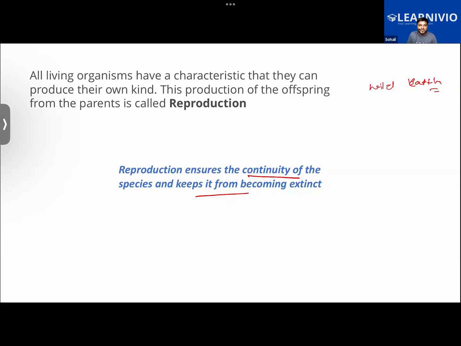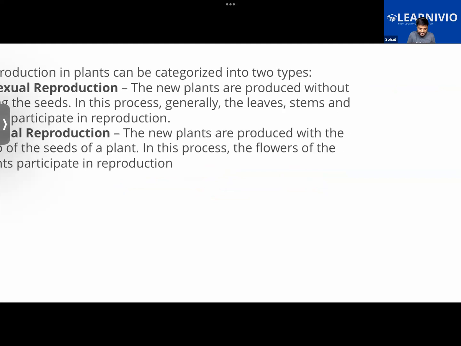Although they are there to carry out the necessary functions, we know that there are some plants that can grow out of these vegetative parts, right? Like we had some examples, if you can recall in the previous class.